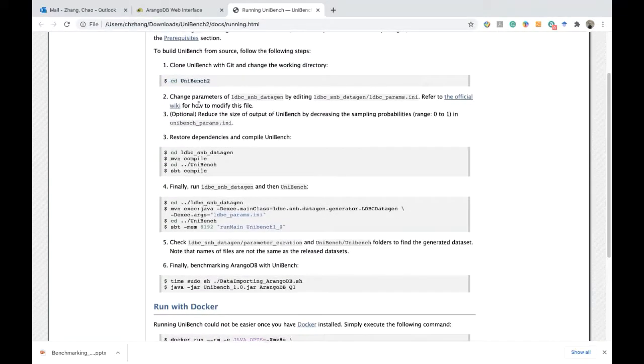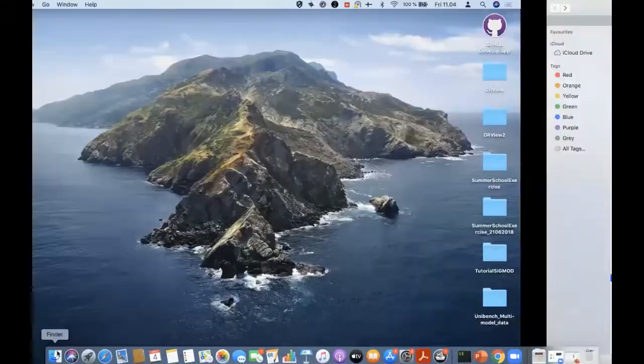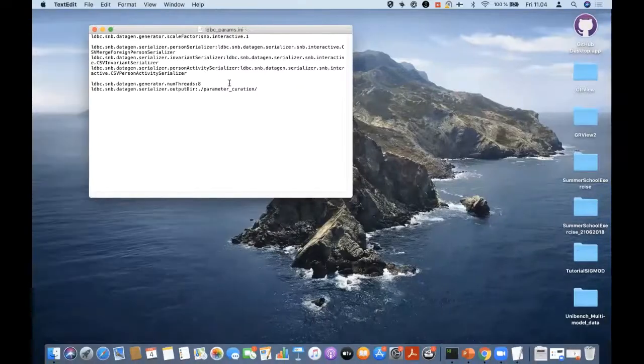And we change the parameters of LDBC and UniBench to configure the scale factor. So we configure the LDBC scale factor 1 and use the default serializers.